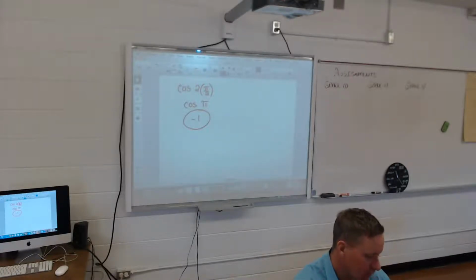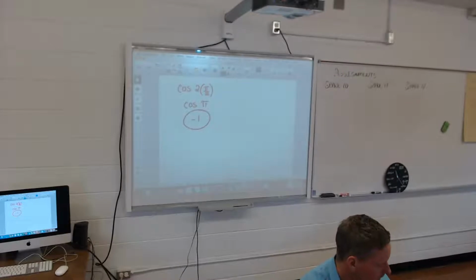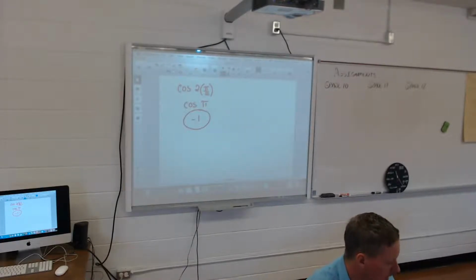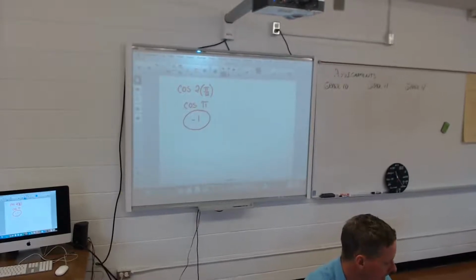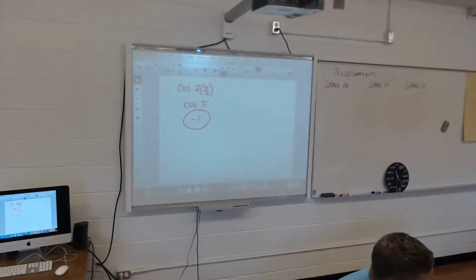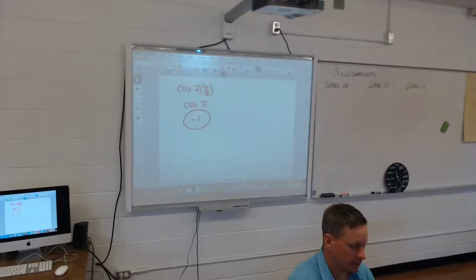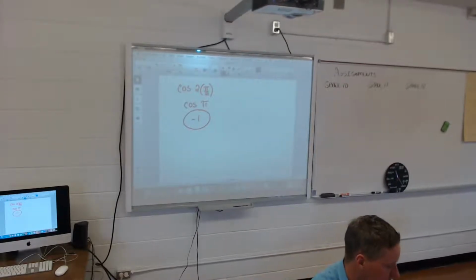6-3 is proofs. There are good algebra skills in 6-3, but if we were to write this provincial exam, I would 100% spend a pile of time on this.